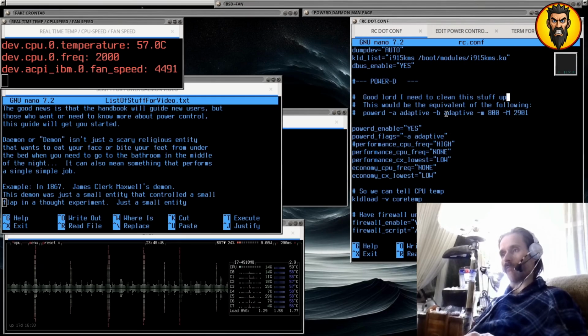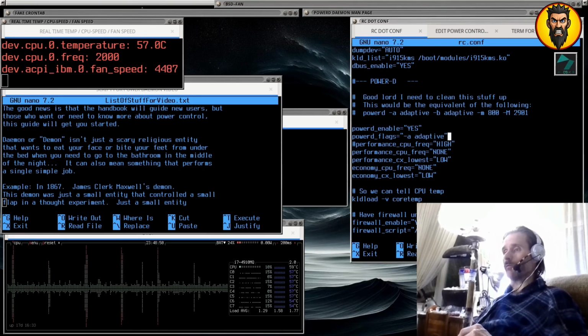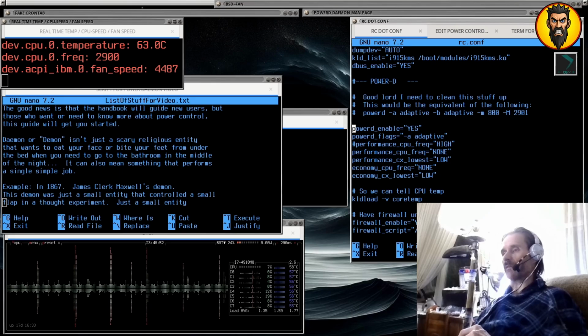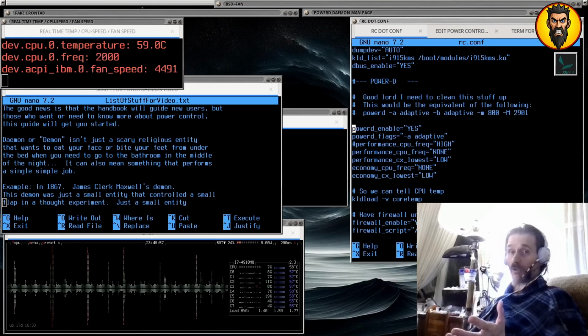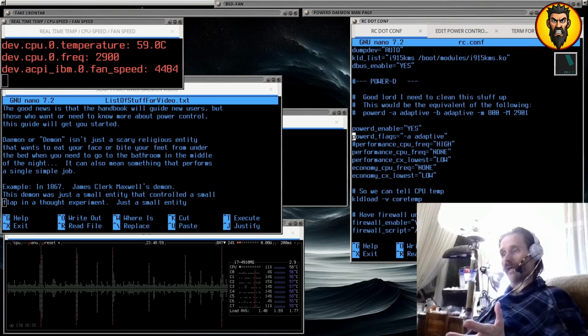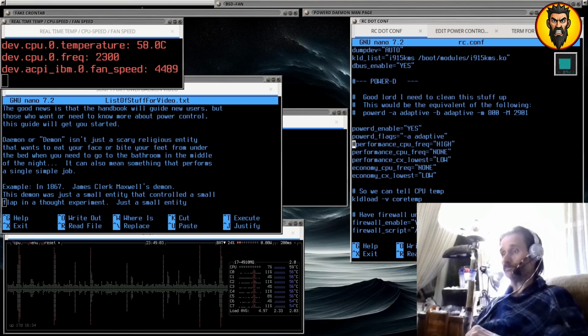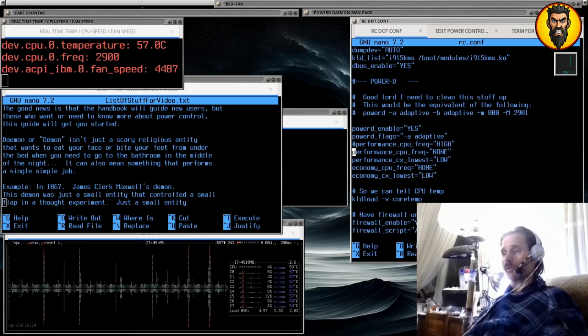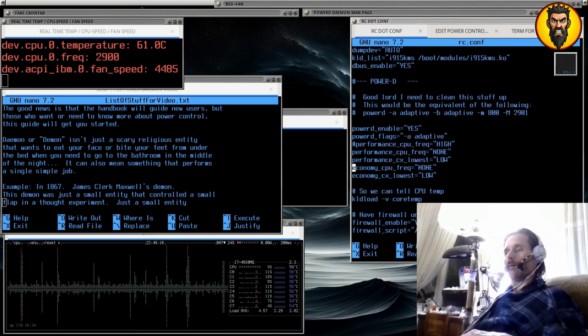That's the rc.conf of this particular machine. And as you can see, we've got all kinds of PowerD flags. In this case, when it boots up with PowerD enabled, it boots up with the flag of adaptive. And as far as minimum, maximum, and all that kind of stuff, anyway.